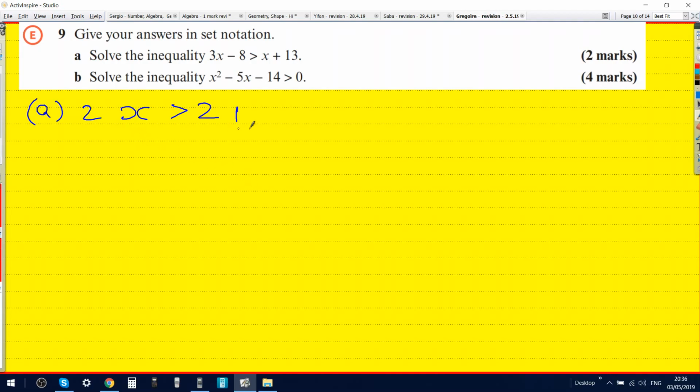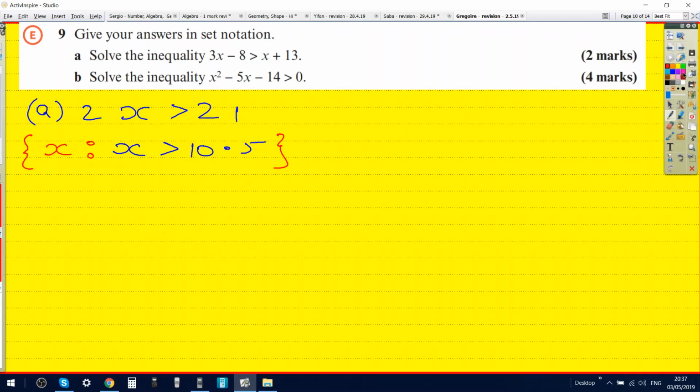Hold the phone. 2x is greater than 21. So then x equals 10.5. Greater than. What is that in set notation? Is that also x such that x is greater than 10.5? Yeah, in curly brackets. So curly brackets and x such that. Okay.